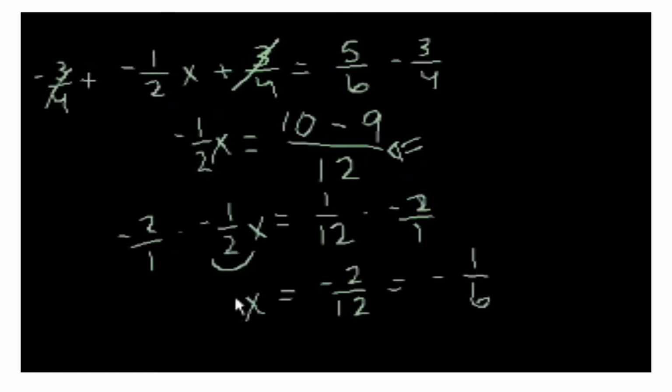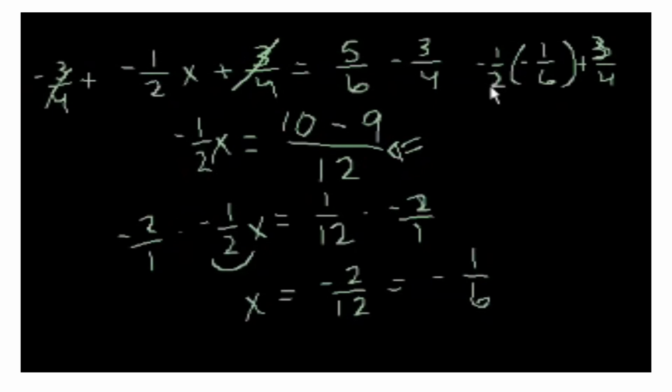Well, let's check that just to make sure we got it right. So minus 1 over 6, and the original problem was minus 1/2 x plus 3/4, so here we can substitute the minus 1 over 6. I just wrote only the left-hand side of the original problem.